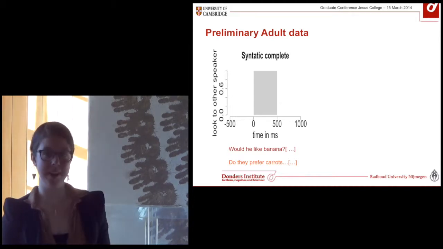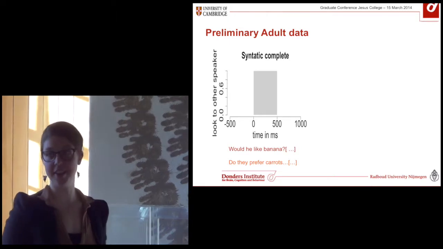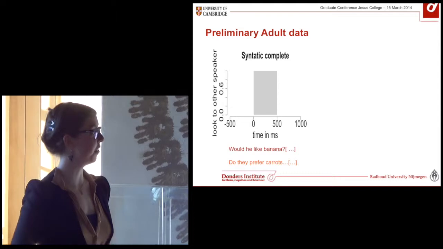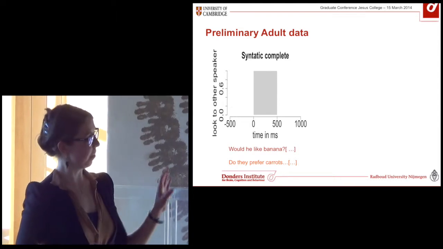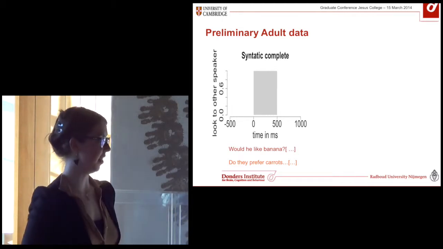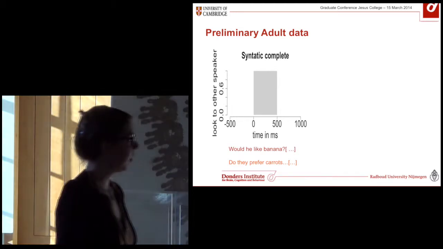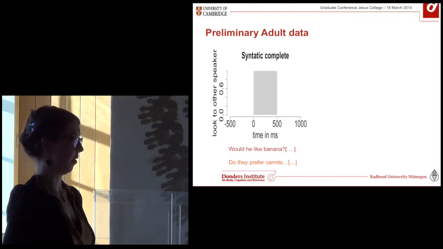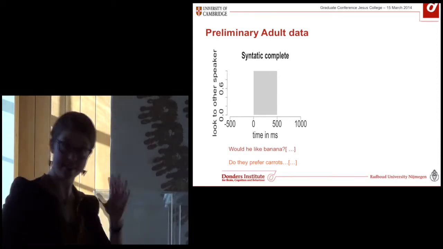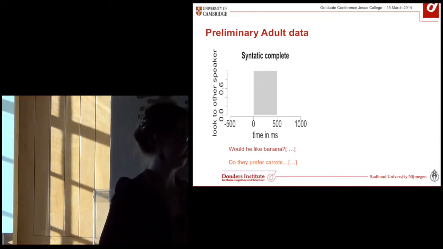Then, I do have some preliminary adult data from Dutch adults, so it's really interesting to see what they do in the different conditions. I compare the syntactic complete conditions with the syntactic incomplete conditions. The gray block is the moment of the pause, the 500 milliseconds of silence in which we look at whether they anticipate a speaker change or not.